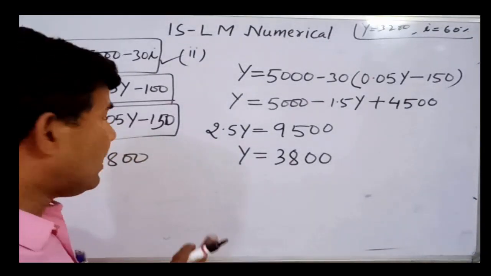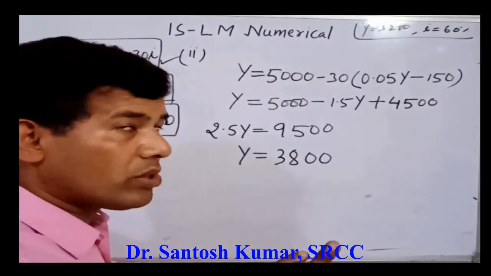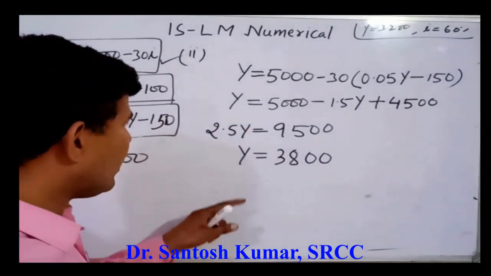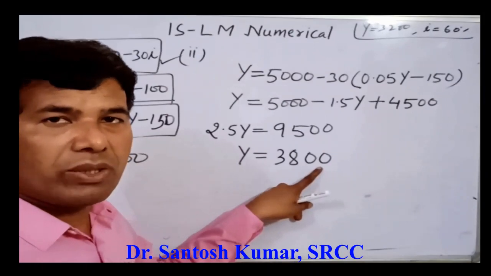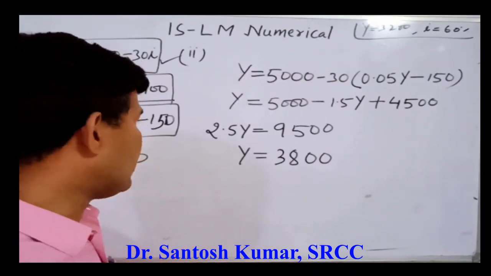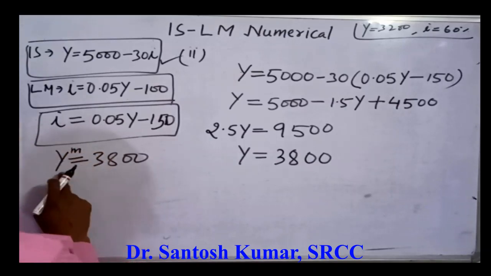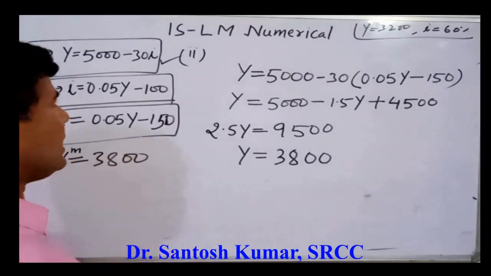And this equilibrium income occurs because of what? Because of the increase in money supply. So just to make it clear, this 3800 equilibrium income occurs because of expansionary monetary policy. So the new equilibrium income due to monetary policy is 3800, right?